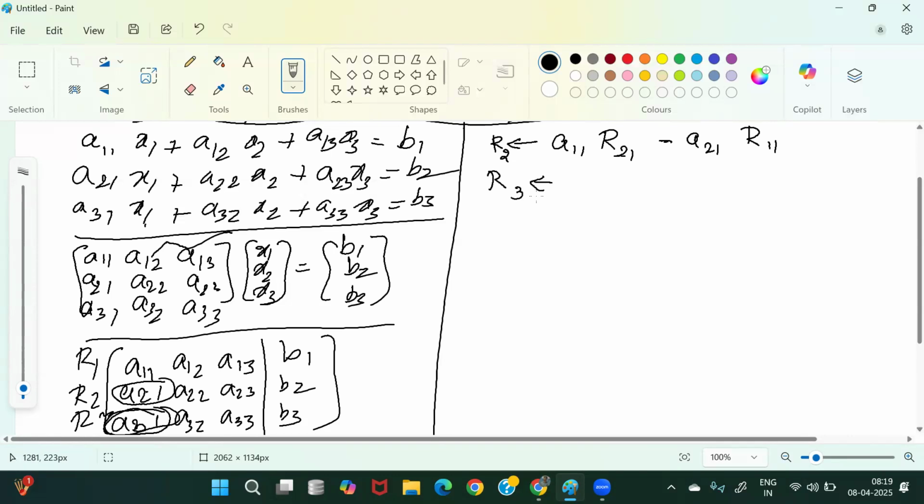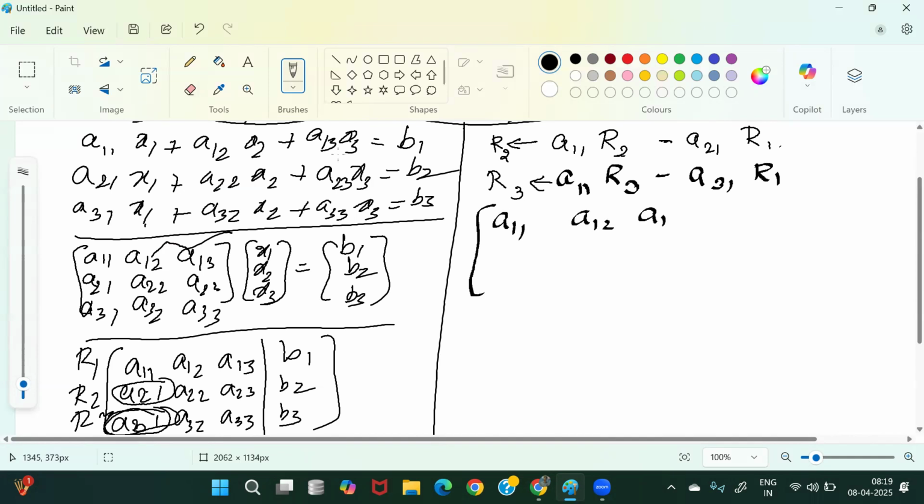Replace R3 by a11 into R3 minus a31 into R1. So this is the result of that elimination process.